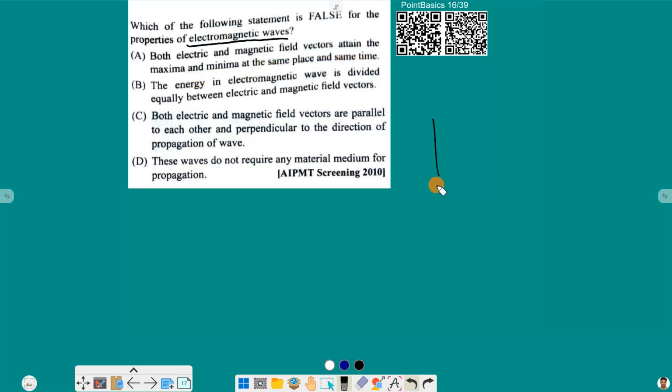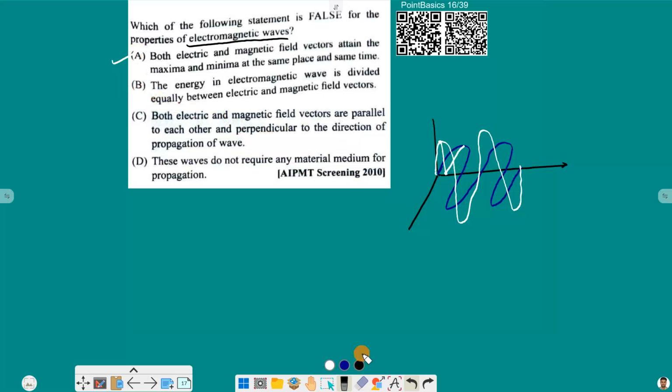So if we represent suppose this is the magnetic component, then the electric component can be represented like this, and they have a property that their maxima and minima are at the same time. Means suppose this is the time for the electric field maxima, then this again is the same time for the magnetic field maxima. So we can say statement A is right here.